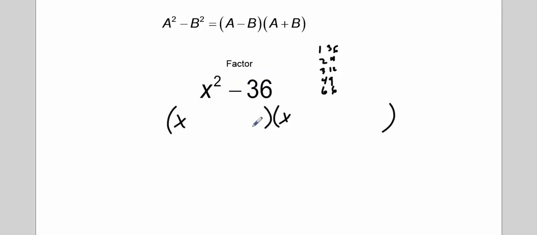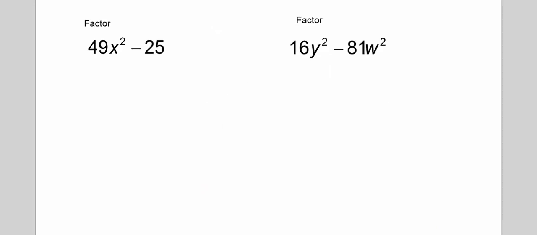So the square root of 36 is 6, and then I need a negative, so one has to be positive, one has to be negative. And since this is a 1x squared, I need two numbers that multiply to negative 36 and add to 0, and these two do that. This was a pretty simple example. We'll look at more difficult ones as we go along.